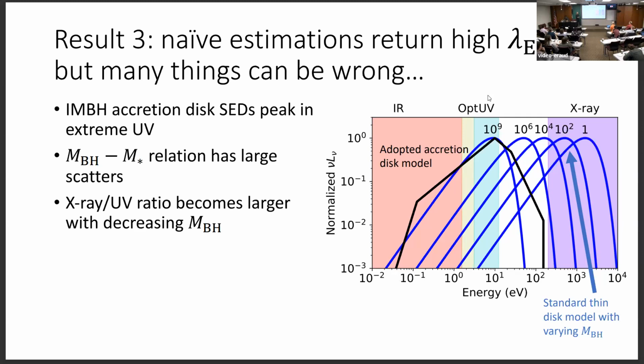And as the black hole mass scales down, the disk SED shifts toward higher energy. But for our SED fitting, we are using a fixed temperature disk model, calibrated from quasars, and quasars have much more massive black holes than our sample.